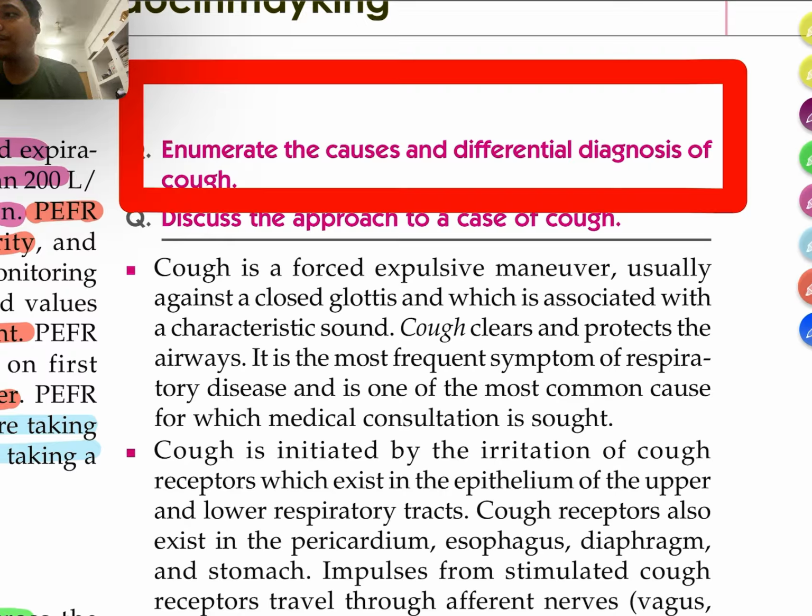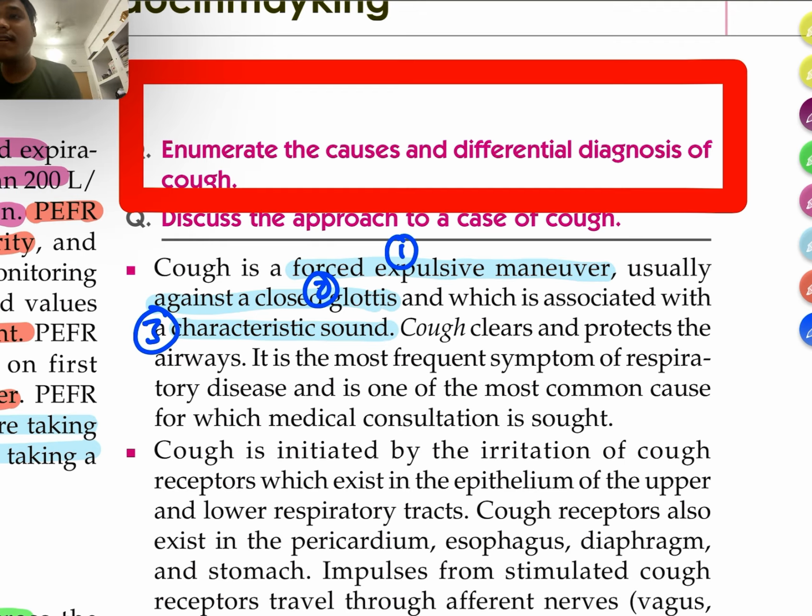It is a forceful expulsion maneuver usually against the closed glottis, associated with a characteristic sound. Three points you have to remember: first is forceful expulsion, second is against the closed glottis, and third is producing a characteristic sound.